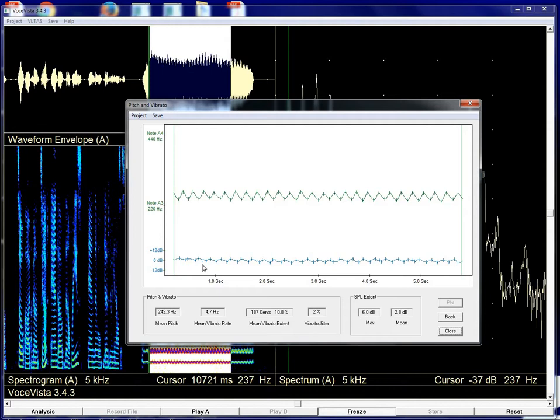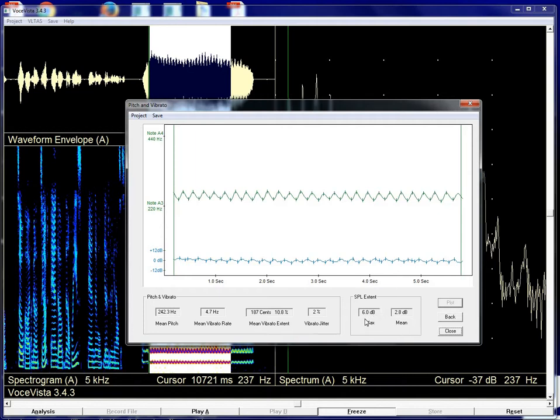Now it also has done, and this is just relative SPL, a SPL extent. And obviously this is no replacement for using a sound level meter for doing sophisticated research, but just to get an idea of about how much the intensity is fluctuating.